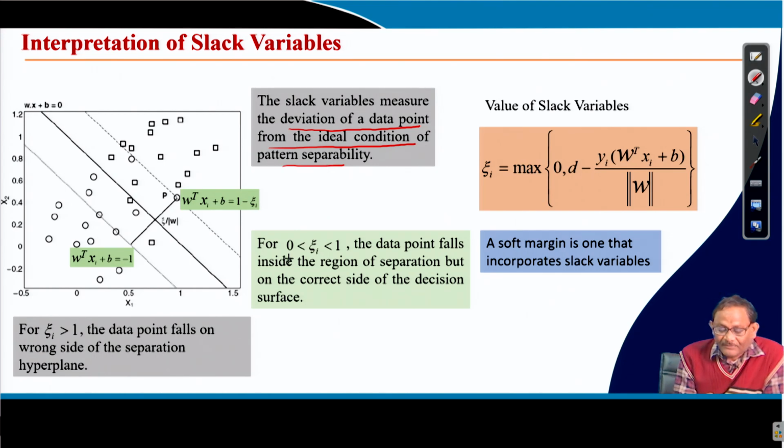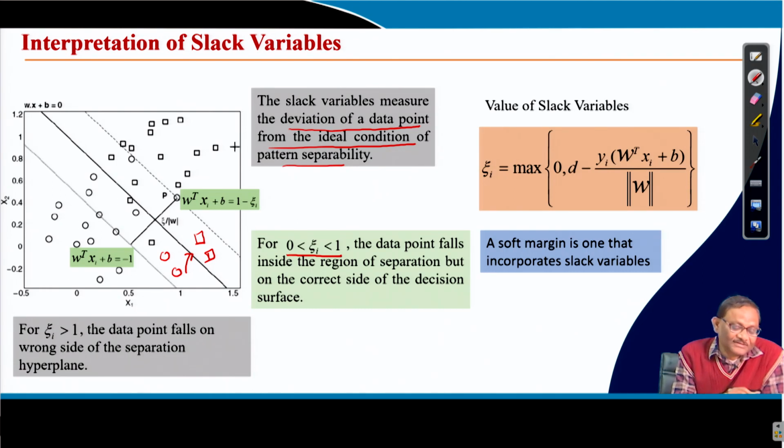Now if the slack variable is between 0 and 1, then the data point is inside the region of separation, but on the correct side of the decision surface. Suppose this is the decision surface and xi value is between 0 and 1, then some circles and squares here are on the correct side of the class.